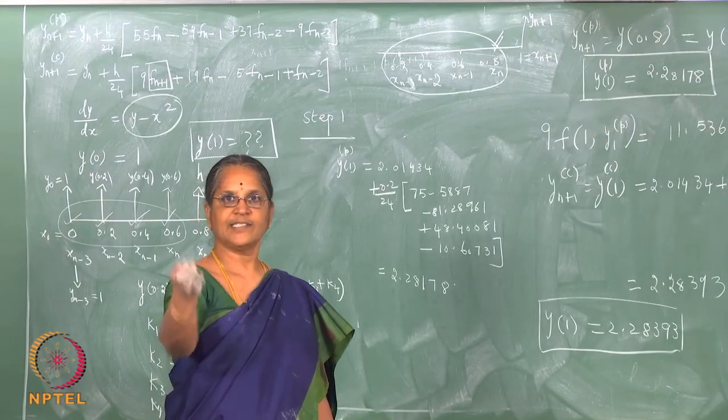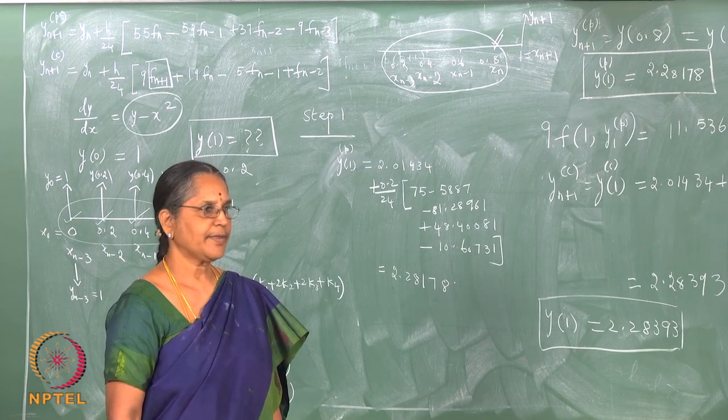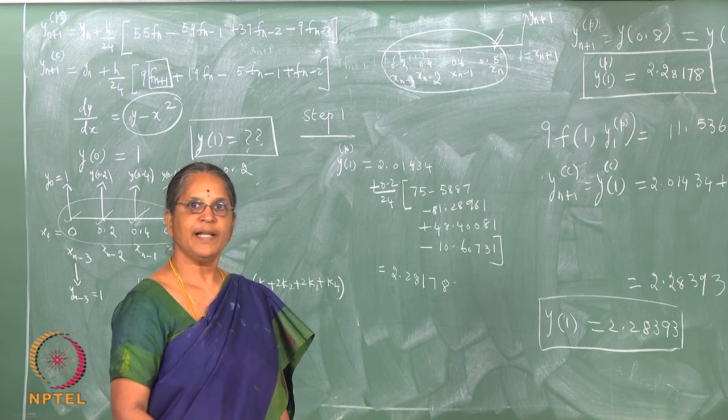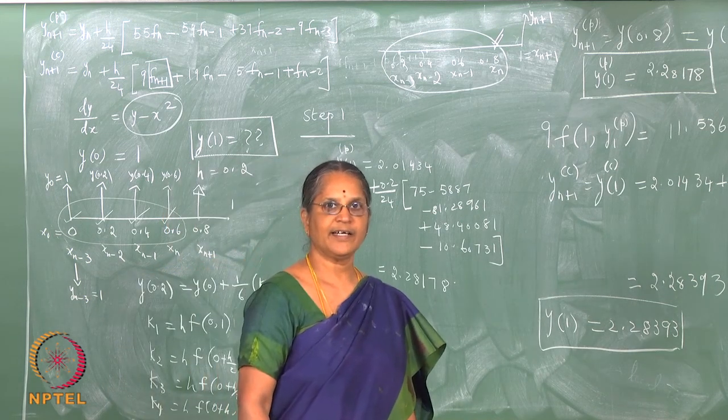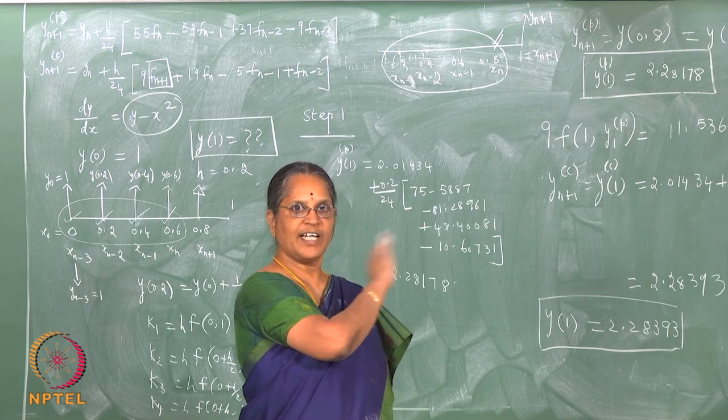So, in the next class we shall derive another predictor-corrector method, which is known as Milne's predictor-corrector method, and the computation details are analogous to what we have done here.